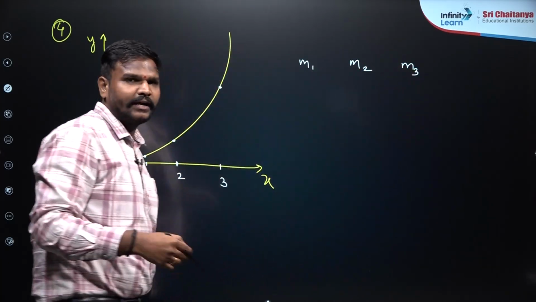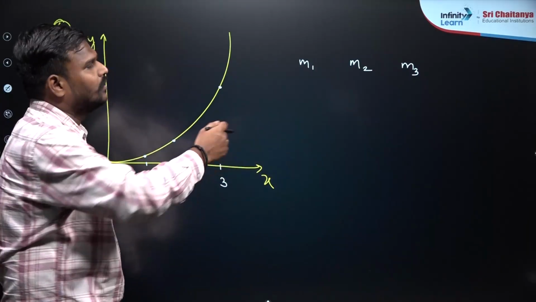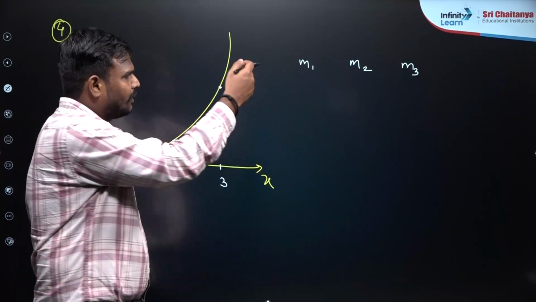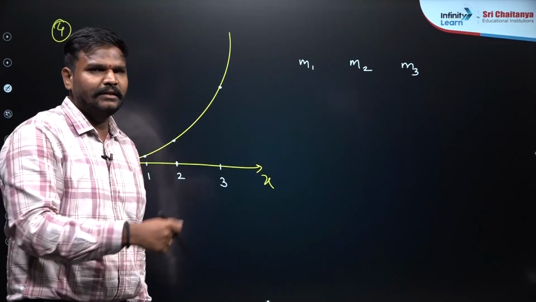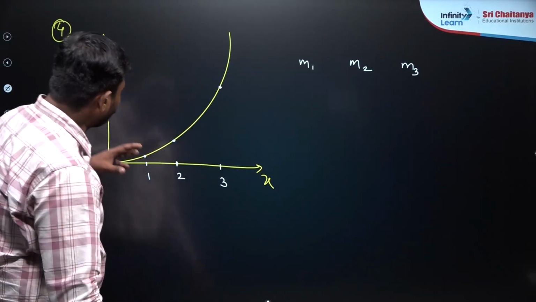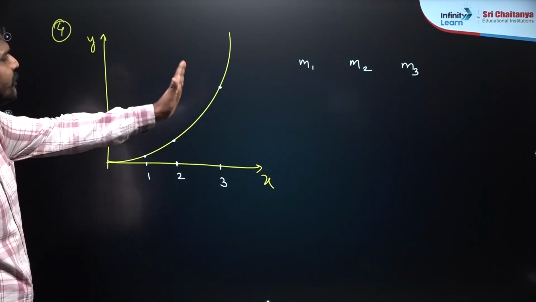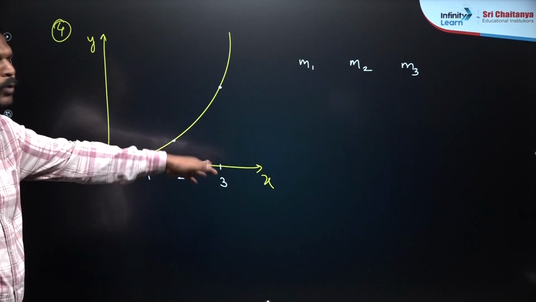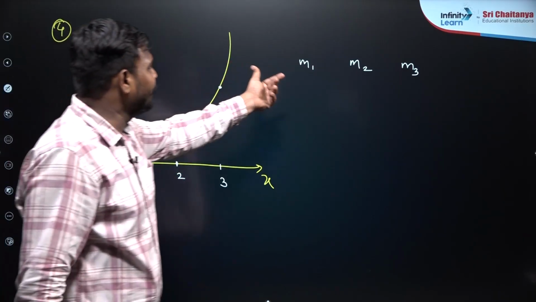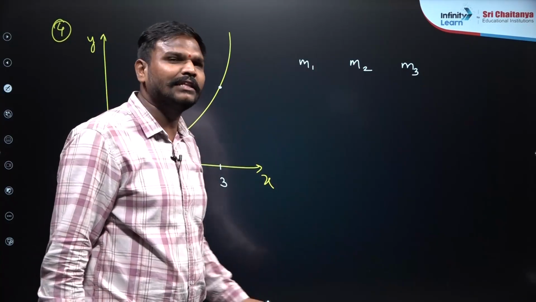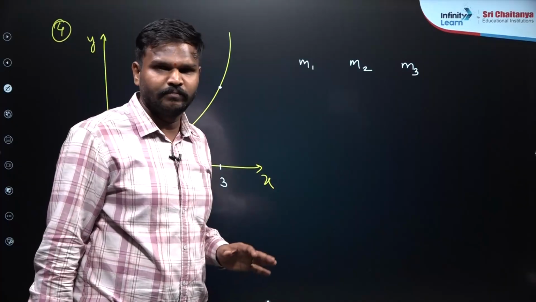So the options are like M1 greater than M2 greater than M3, M1 is equal to M2 is equal to M3, less than, none of these. Like that, there are 4 options. Now you have to find instantaneous slopes at point 1, point 2, point 3 and bring a relation between the slopes at all the 3 points. This is the question.